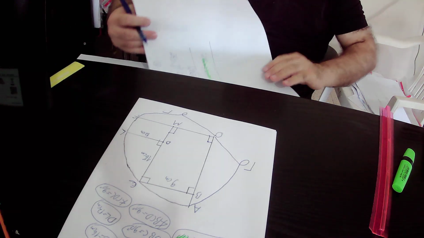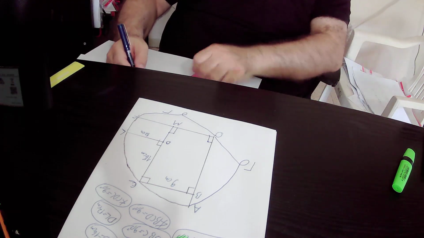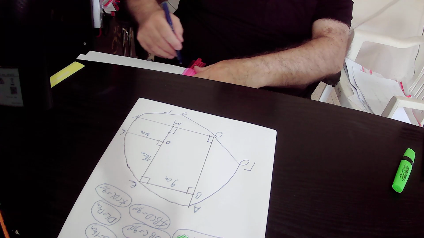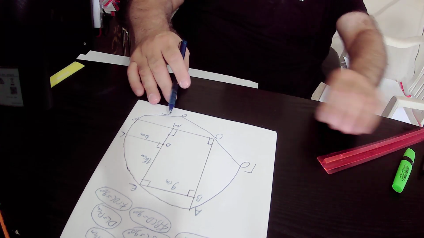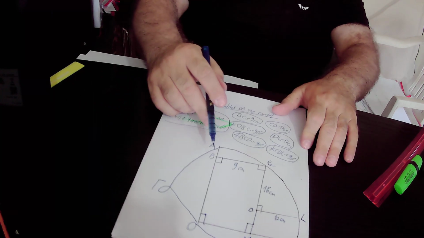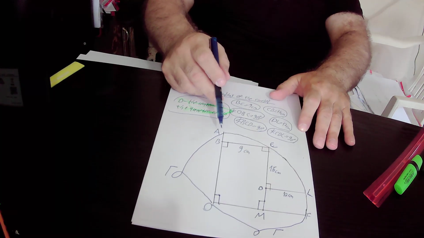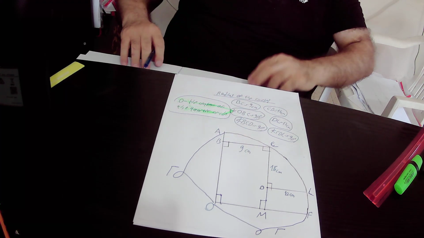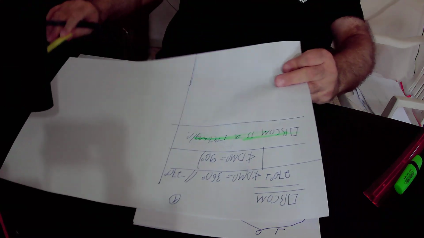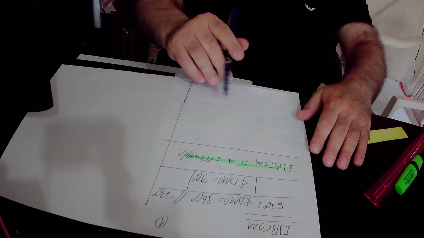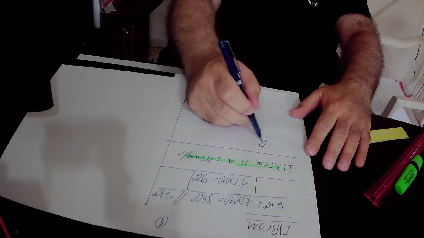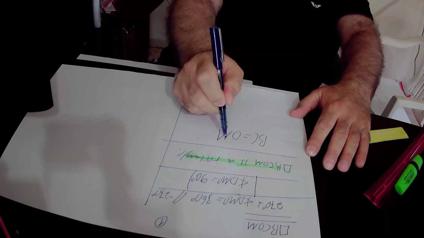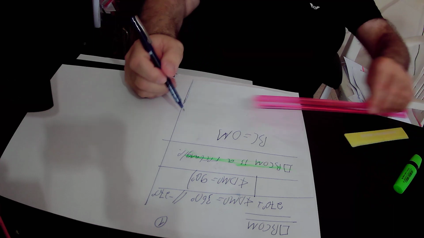And we know that the opposite sides of a rectangle are equal to each other. So therefore, in rectangle BCOM, side BC must be equal to side OM. I'll write it down. In rectangle BCOM, side BC must be equal to side OM, according to the rule that the opposite sides of a rectangle are equal to each other.